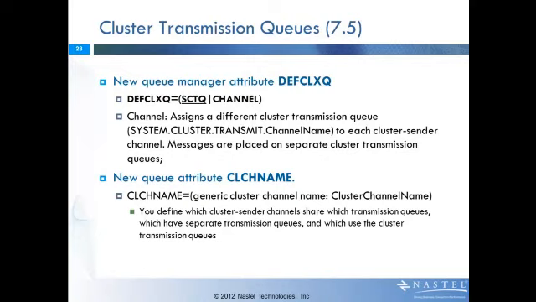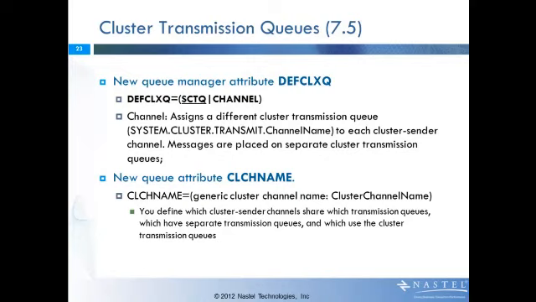The second option is a queue attribute as well, the CLCHNAME, the cluster channel name, and that allows you to point to a generic cluster channel name. Now this is not a specific channel, this is a generic cluster channel name.